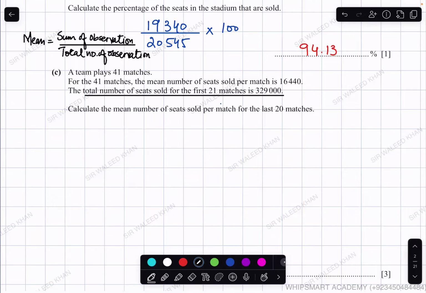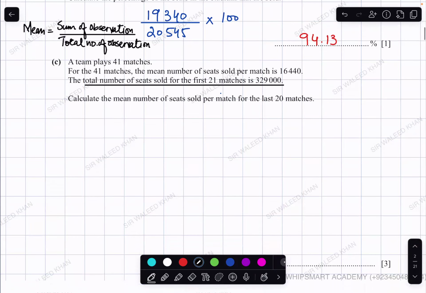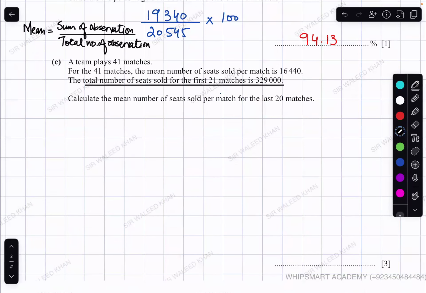That means out of 41 matches, they have given us the data for 21 matches. How many is left? How many matches we don't have the data? There were total 41 matches. 20. Yes, 20, right?